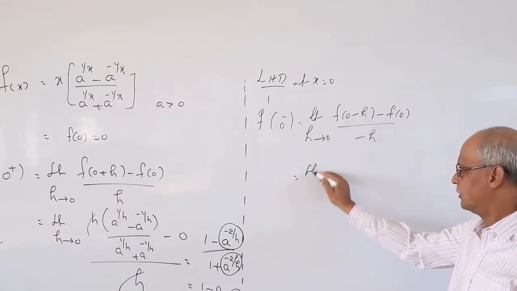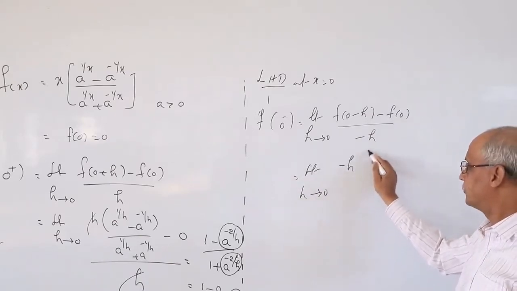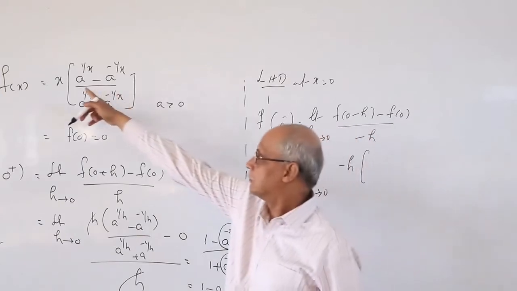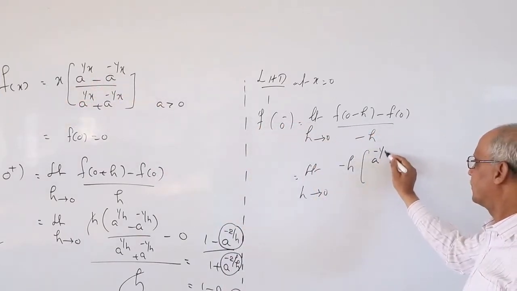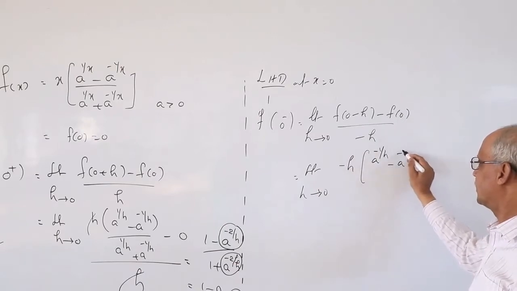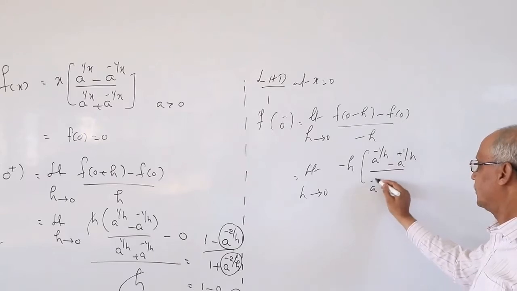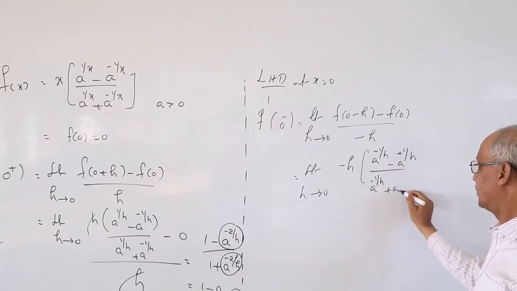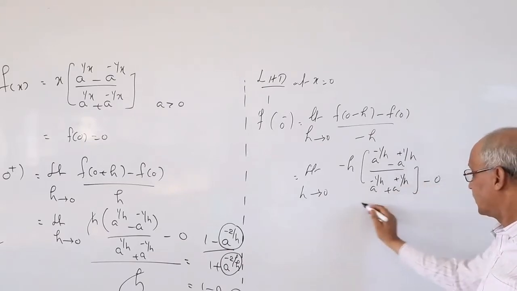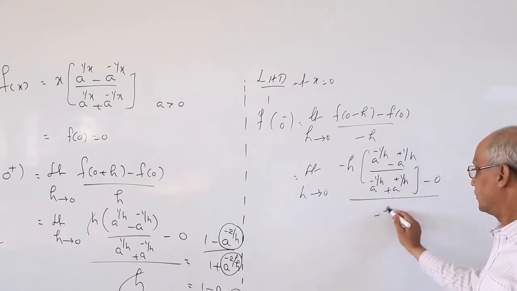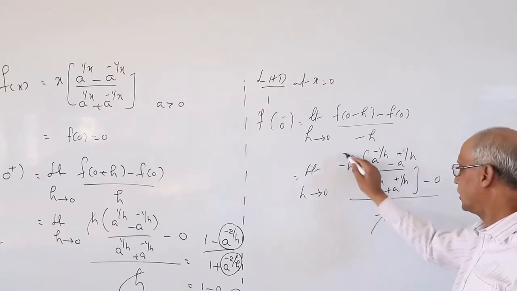Substitute in the problem: minus h into a power minus 1 by h minus a power plus 1 by h, over a power minus 1 by h plus a power 1 by h, minus 0, by minus h. Anyway, minus h is cancelled.